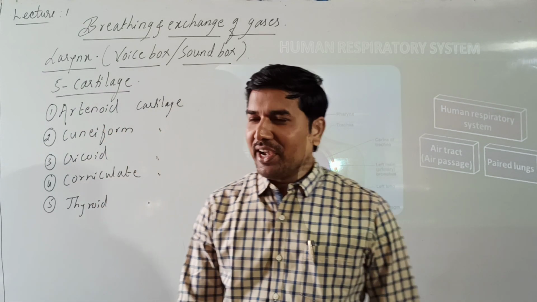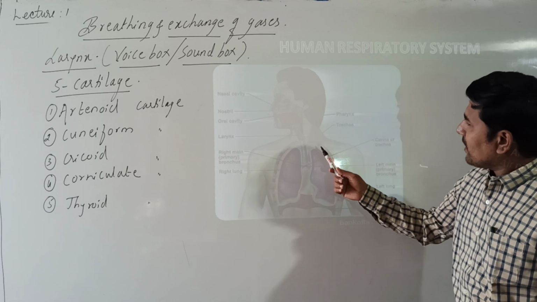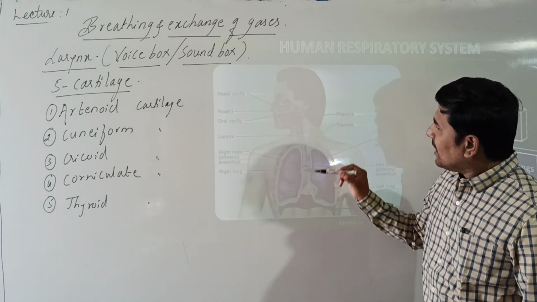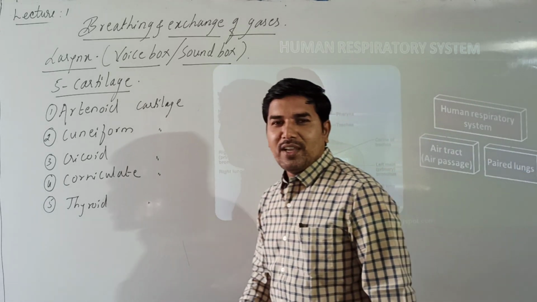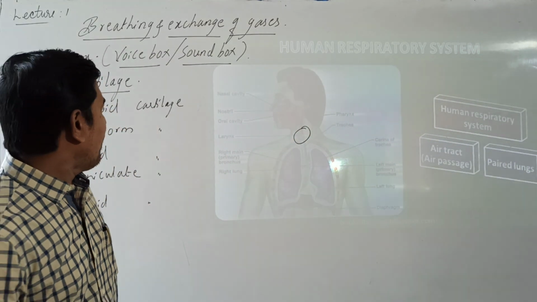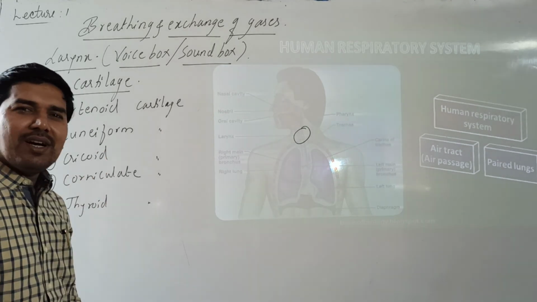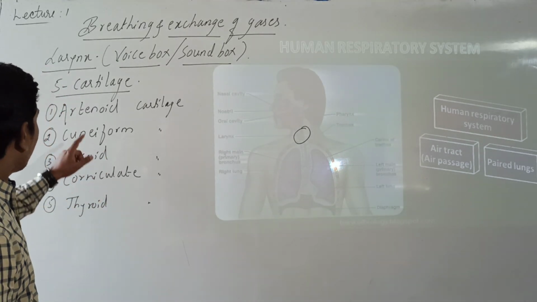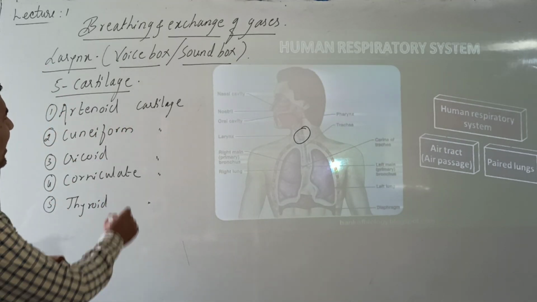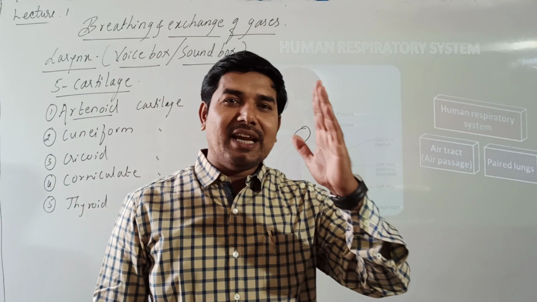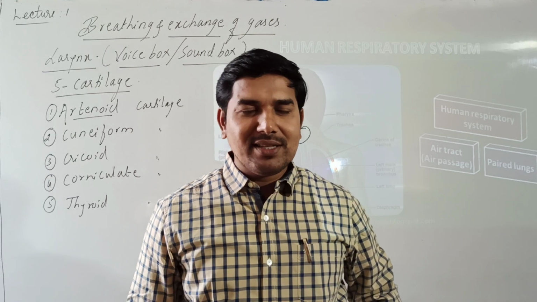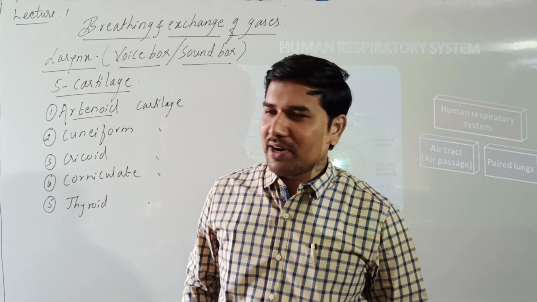Look at the point here. Now here we come across the larynx region. This larynx region is made up of 5 cartilages. Now one is the arytenoid. These names are important from the NEET point of view, because this is not given in the theory part.